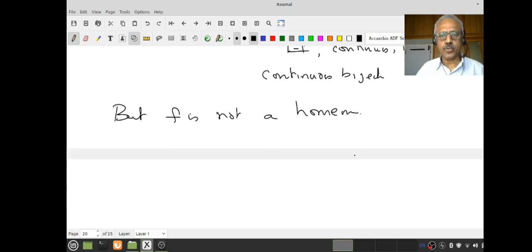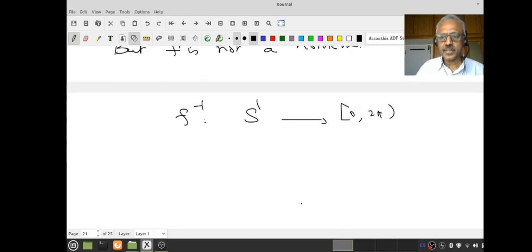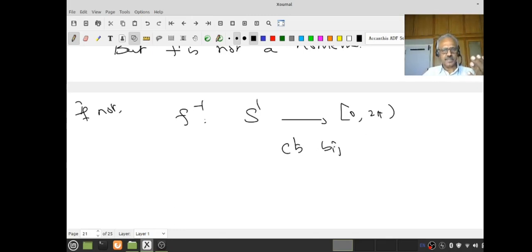Because if f is a homeomorphism, what does it mean? f inverse from S1 to 0 to pi must again be a continuous bijection.